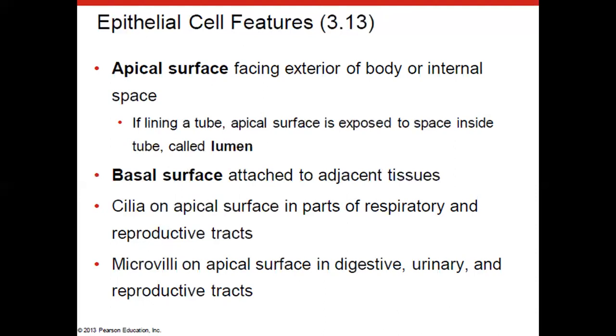Epithelial tissue is usually anchored to some kind of connective tissue, by way of the basal surface. On the apical surface, there's typically some kind of structure like cilia or microvilli that help the cells themselves do their job.